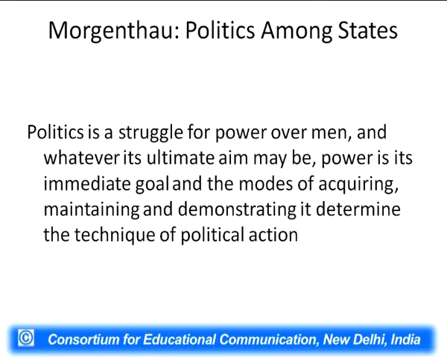So the basic argument in the book Politics Among Nations is that politics is a struggle for power, and political action is nothing but a mode of acquiring, maintaining, or demonstrating power. That is how he defines politics, and he defines it in the same way whether it is politics at the level of the state or international politics.